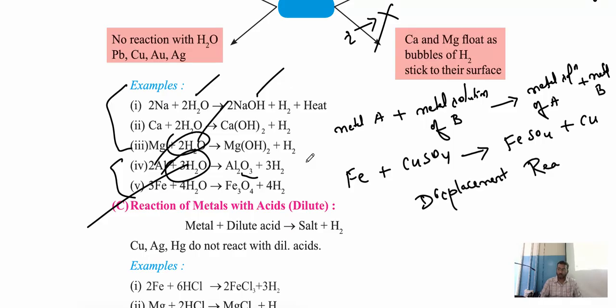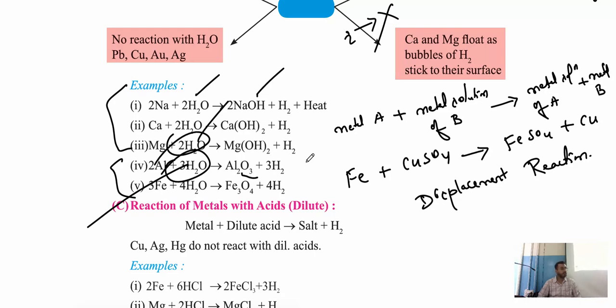This topic we have already discussed in the chapter chemical reactions and equations. Clear? Understood? When iron reacts with copper sulfate, it gives iron sulfate plus copper. This reaction is a displacement reaction.